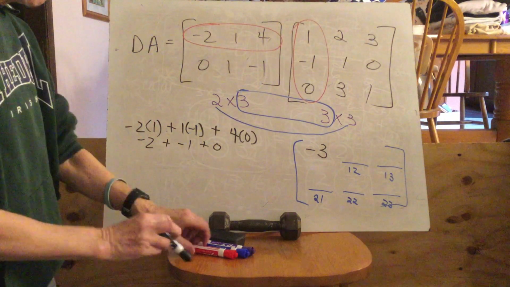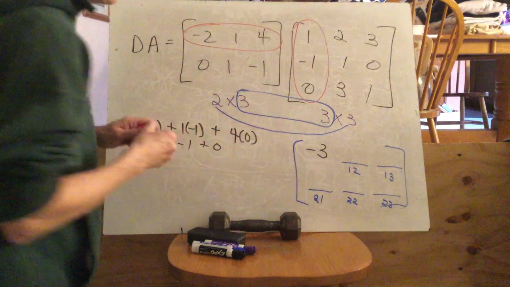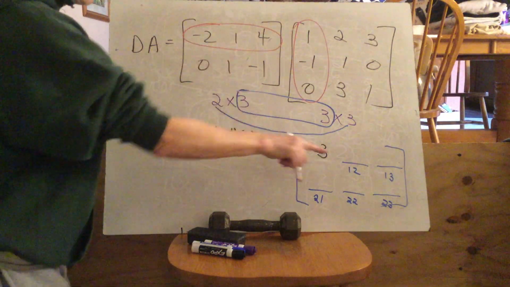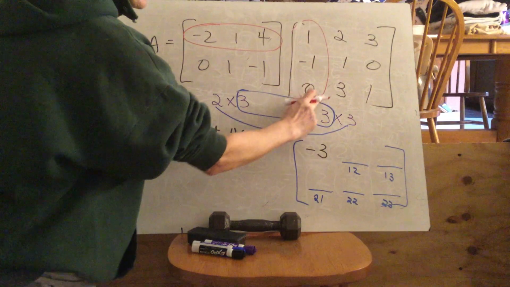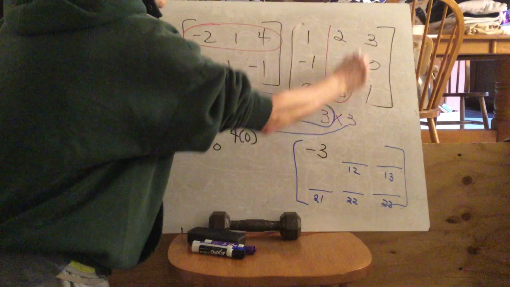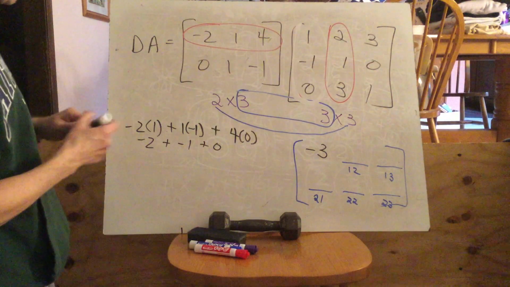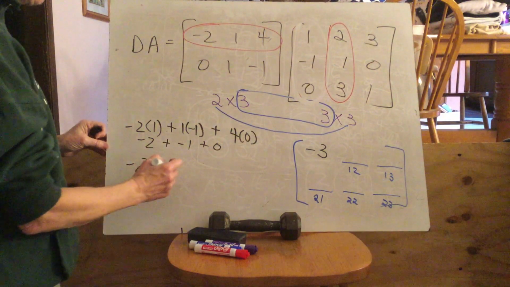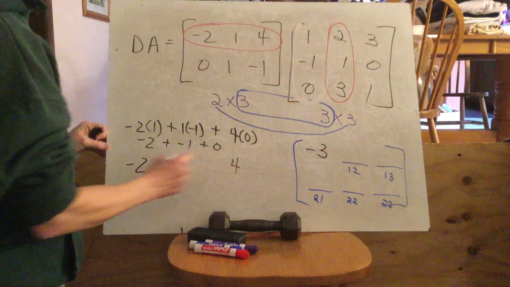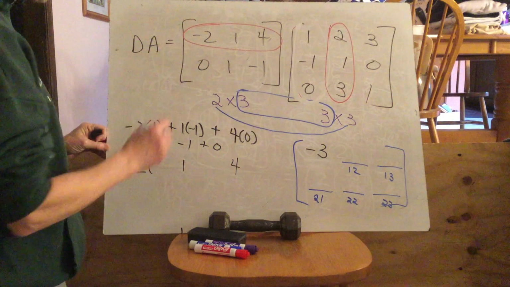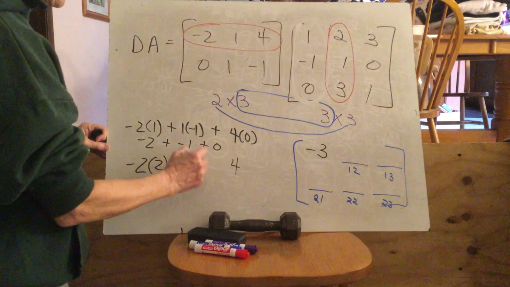Okay, now I'm going to move over here. And I still need the first row, but now I need the second column. So I am going to multiply the numbers in the first row, -2, 1, 4, times the numbers in the second column, 2, 1, 3.